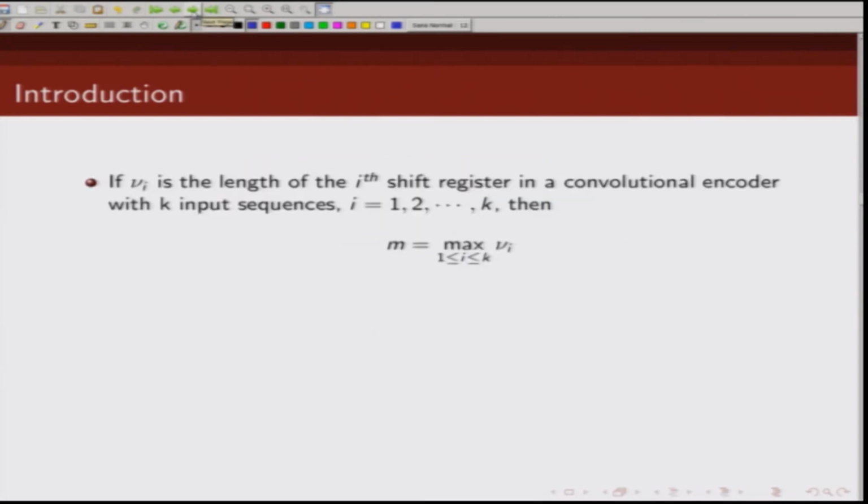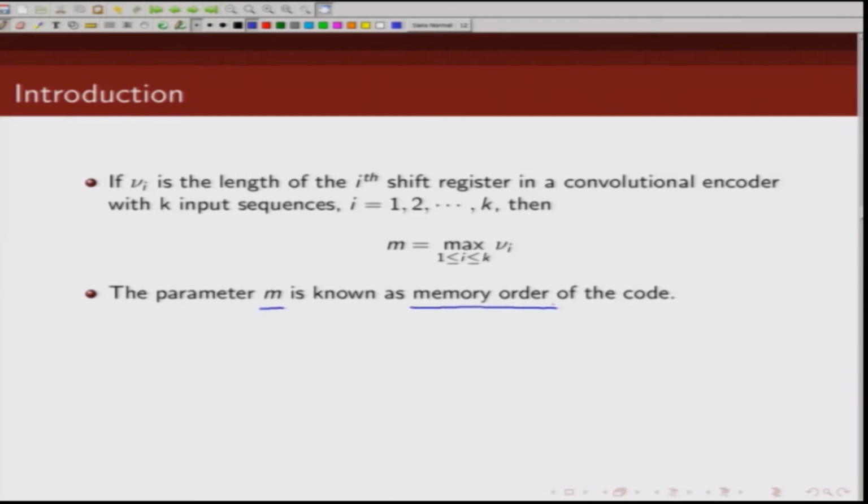So, if we denote by nu_i the length of the ith shift register in a convolutional encoder, then we define the memory order as the maximum length of the shift register among the k shift registers used to represent the convolutional encoder. This parameter m is also known as the memory order of the convolutional code.